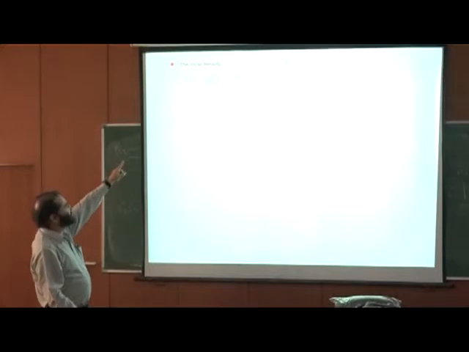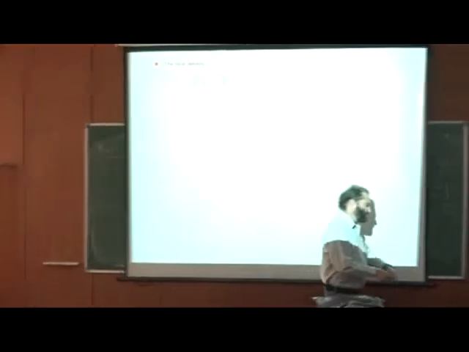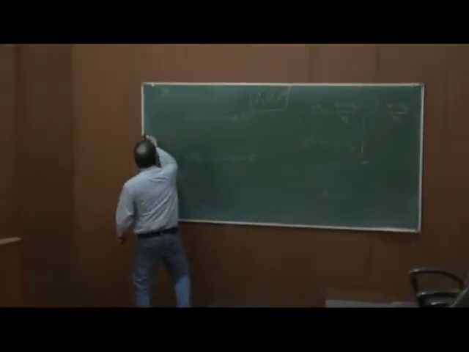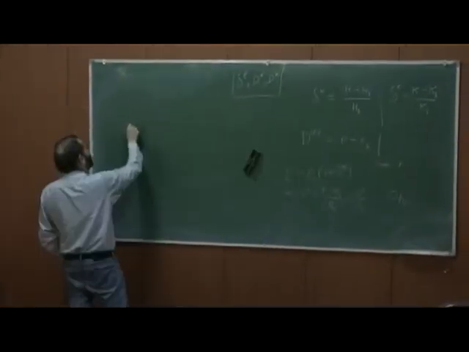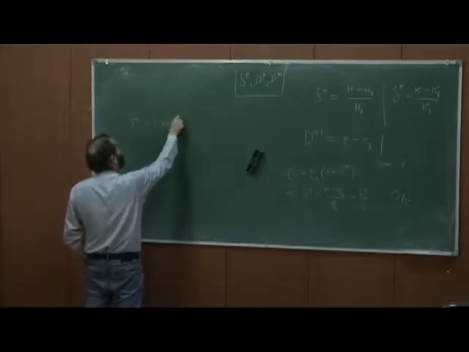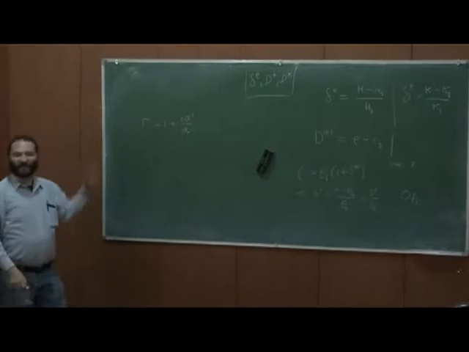And then gamma, because remember, this is important, we can always translate. Gamma is 1 plus r a prime, right? This is gamma.